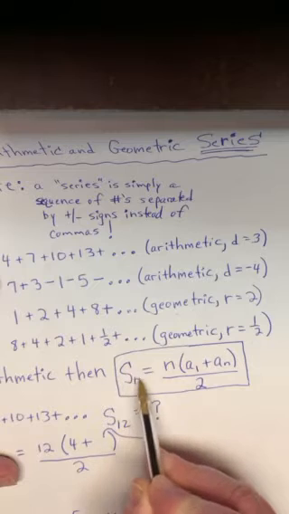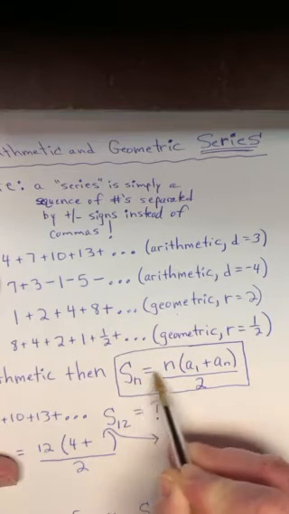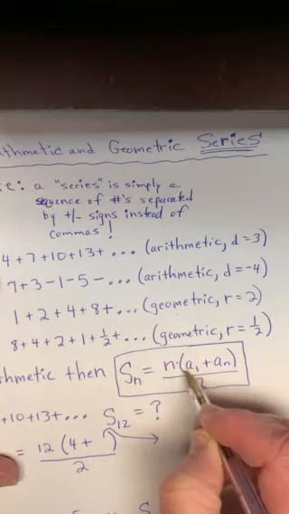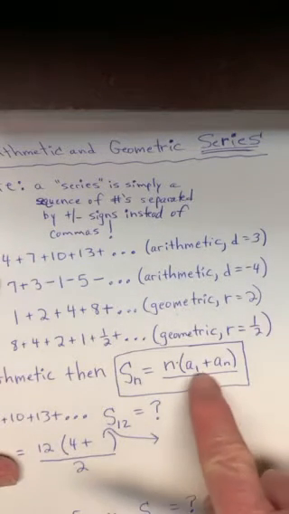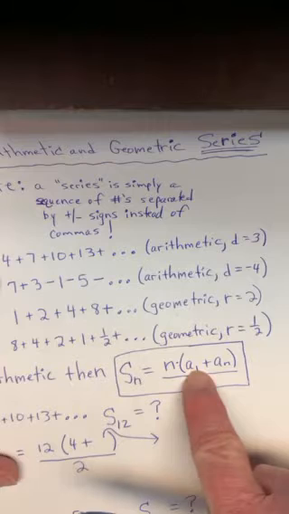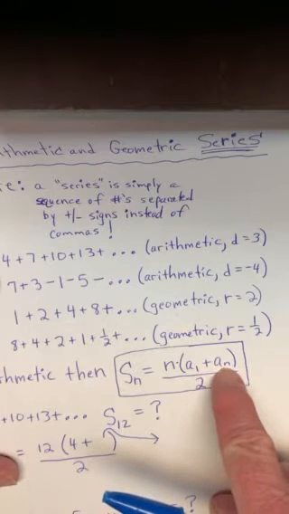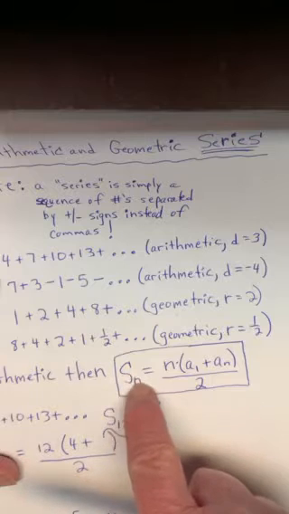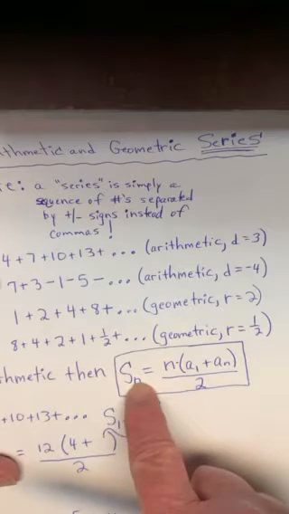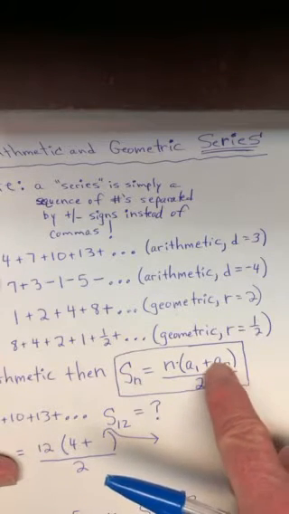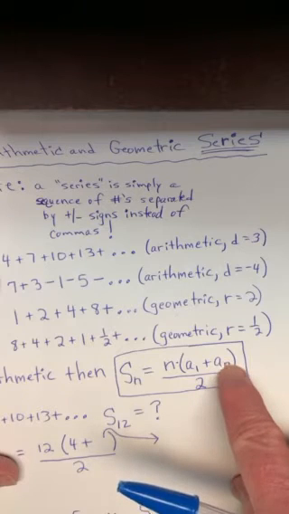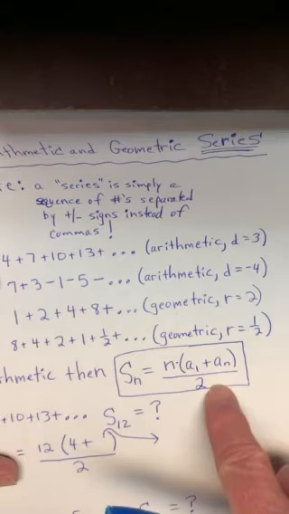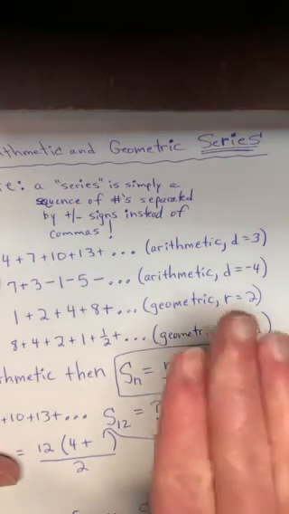So the sum of the first n numbers is found by taking n, timesing it by a group, and inside the group is a1, the first term, plus a sub n, your nth term. So if I did say, what's the sum of the first 38 numbers? A sub n means a sub 38, which is the 38th number of that sequence. All over 2. Now, it's not as bad as it looks.